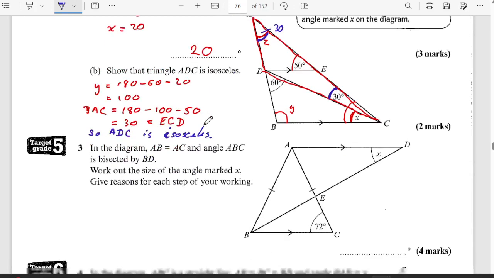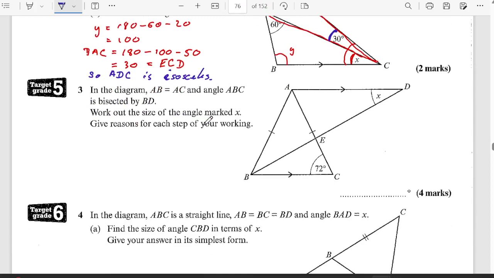Okay, question 3. In the diagram, we've got AB is equal to AC, so AB is equal to AC. Okay, that's indicated there and there. And angle ABC is bisected by BD. Work out the size of the angle marked with the X. Okay, so that's going to be equal to that angle there.